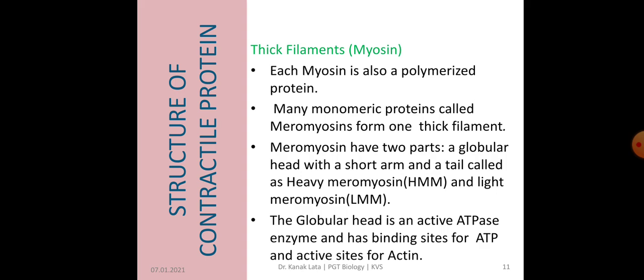Meromyosins have two parts, a globular head with a short arm and a tail, and is called as heavy meromyosin and light meromyosin, that is HMM or LMM. Globular head of meromyosin is an active ATPase enzyme and also has binding site for ATP and active site for actin.